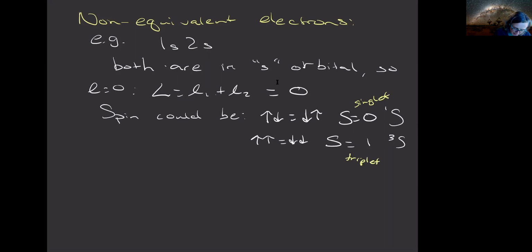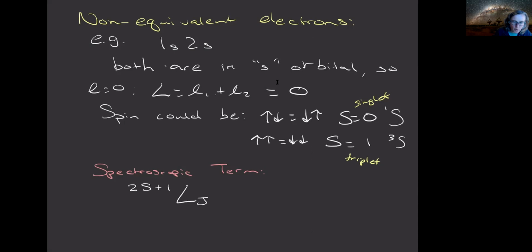So the spectroscopic term is written as 2S plus 1, L, J, where J is the total angular momentum. We're going to ignore J for a minute right now.